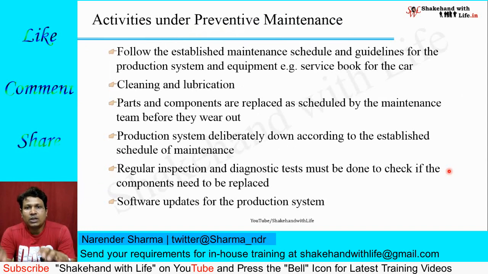Now, what activities are included in preventive maintenance? There is an established maintenance schedule and there are guidelines. The maintenance team follows the established maintenance schedule for the production system and the guidelines to execute the preventive activities.